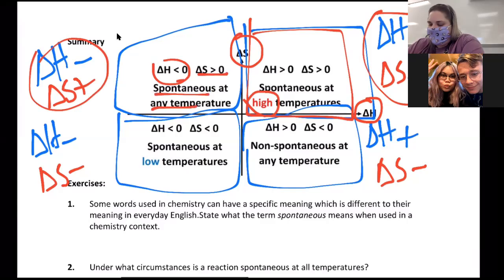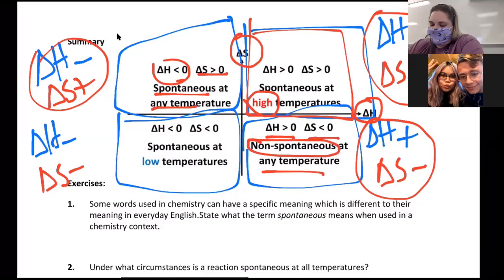If I come down here and delta H is positive but delta S is negative, the temperature doesn't matter, but it's going to be non-spontaneous at any temperature. And finally, the last one down here, where they're both negative, means that it's only spontaneous at low temperatures. At high temperatures, it would be non-spontaneous.